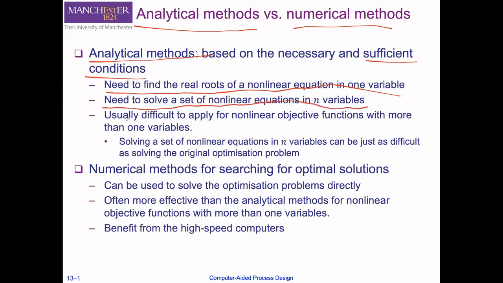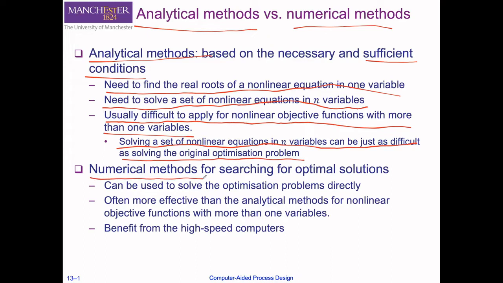The analytical methods are usually difficult to apply for nonlinear objective functions with more than one variable. This is because we need to solve a set of nonlinear equations in n variables. Solving a set of nonlinear equations in n variables can be just as difficult as solving the original optimization problem.